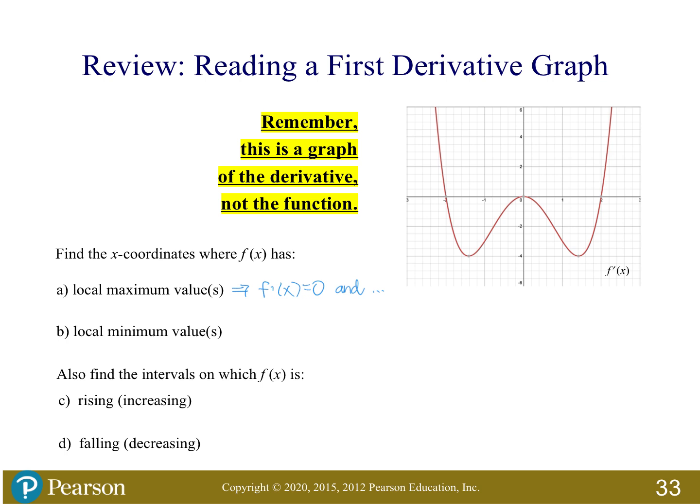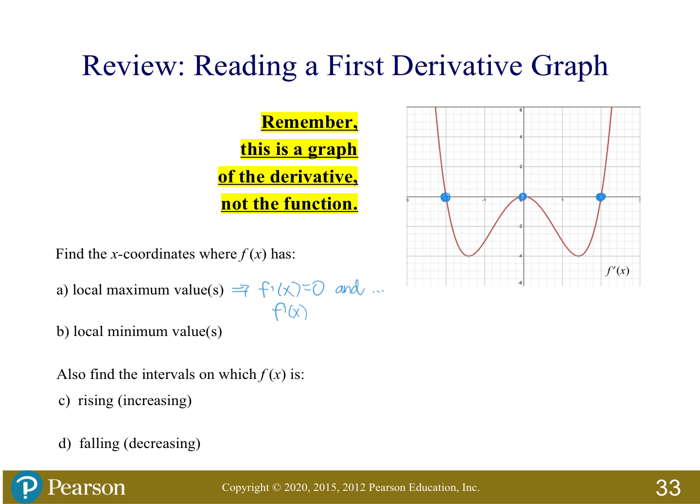Well, f prime is the graph. And so f prime is equal to 0 three times. 1, 2, 3. So those are the 3 possibilities for local maximums. The and is that not only does f prime have to be equal to 0, but f prime must change.